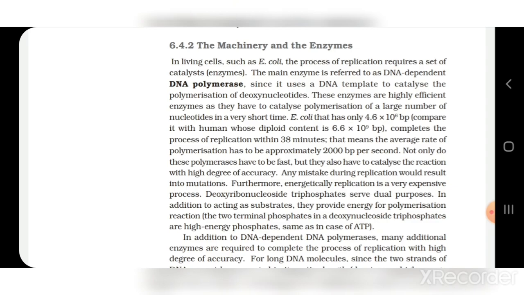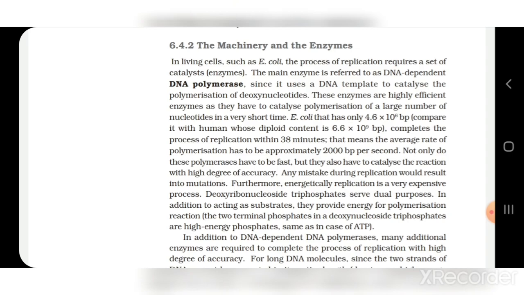The function of ligase is joining of DNA, which forms the phosphodiester bonds. That means it joins the nucleotides. And a few repair enzymes actually check for errors in the process of replication.